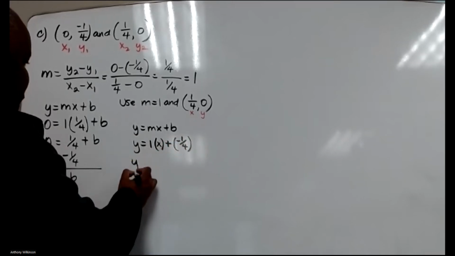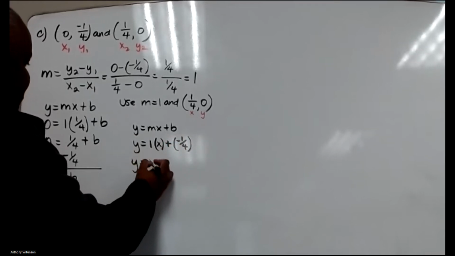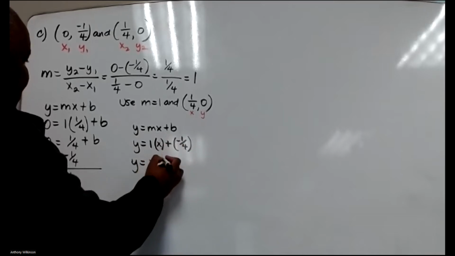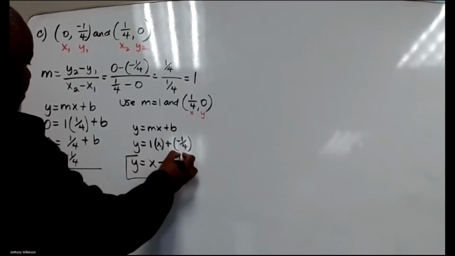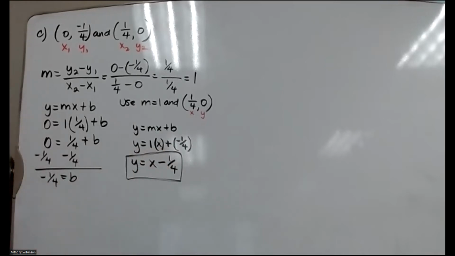If I write 1 times x, that's x, plus a negative would be like minus 1/4. And that would be the equation of the line passing through those two points. Okay. Questions on part C?